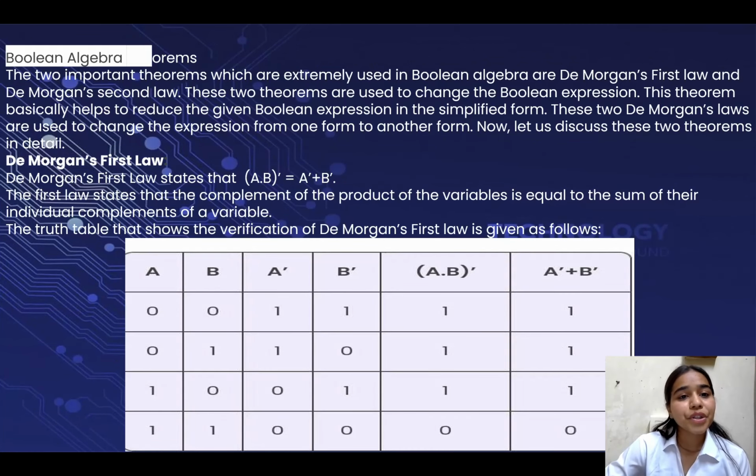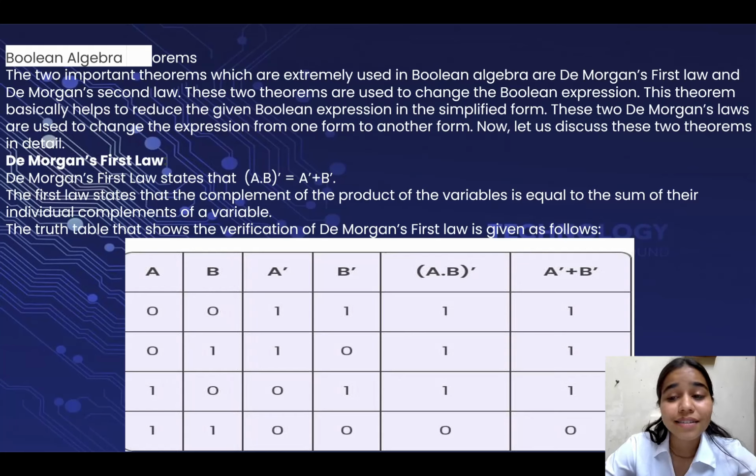The two important theorems which are extensively used in Boolean algebra are De Morgan's first law and De Morgan's second law. These two theorems are used to change Boolean expressions. The theorems basically help to reduce the given Boolean expression to a simplified form. These two De Morgan's laws are used to change the expression from one form to another.